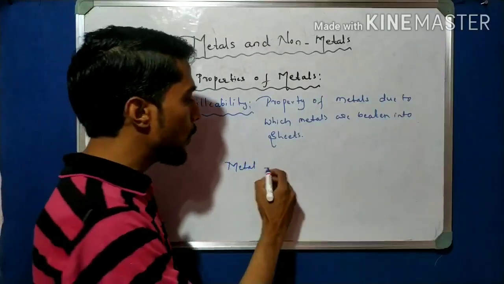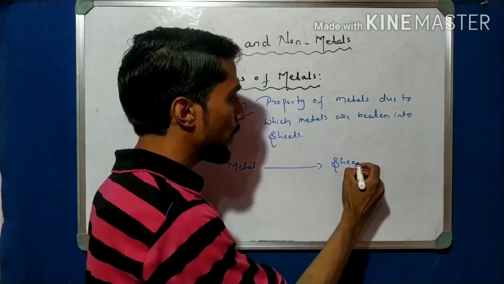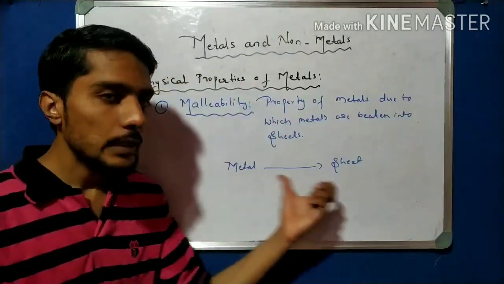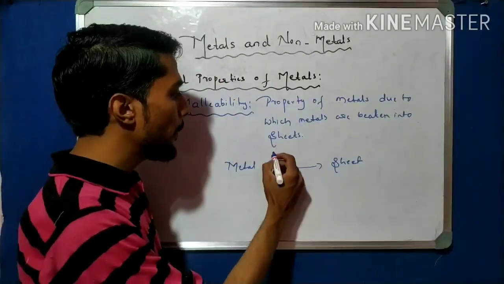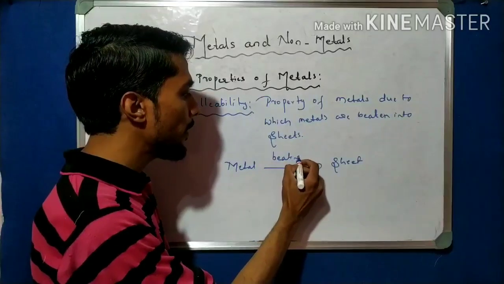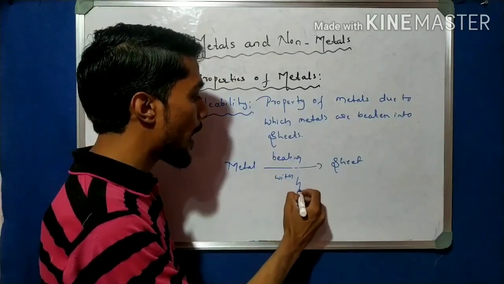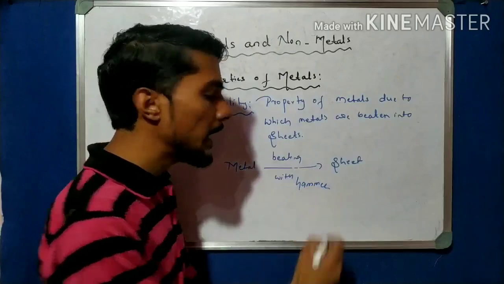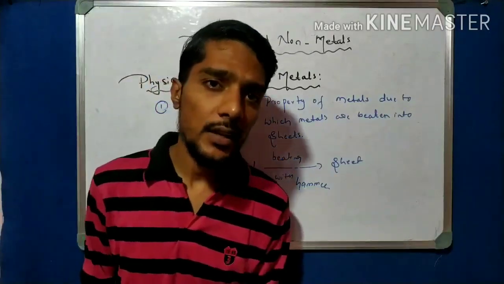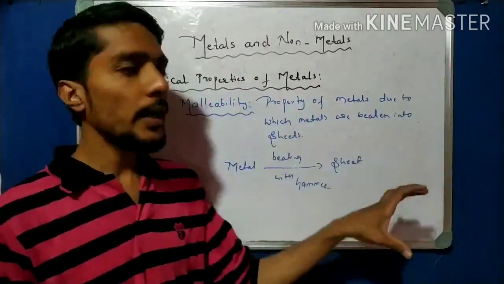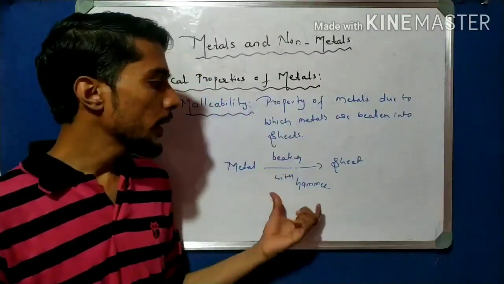When a metal is converted into a sheet by beating with a hammer or any solid material, the metal is converted into a sheet by this process.